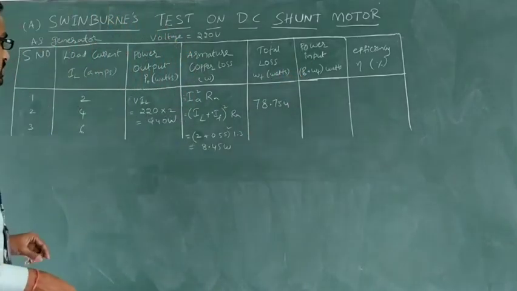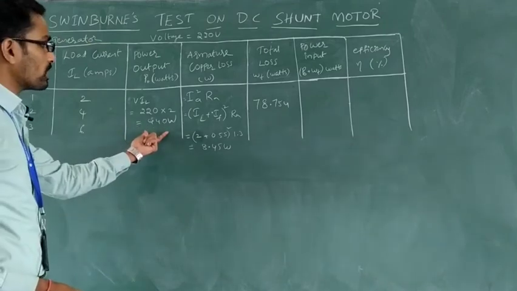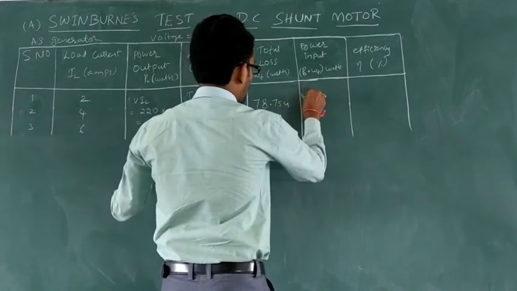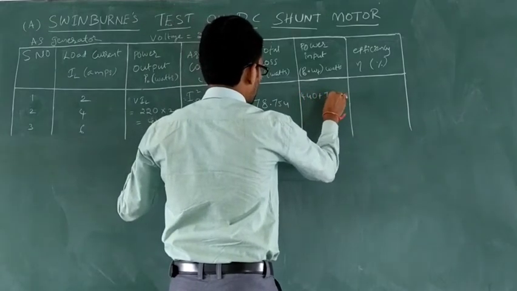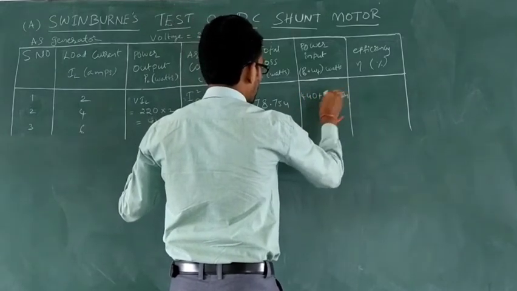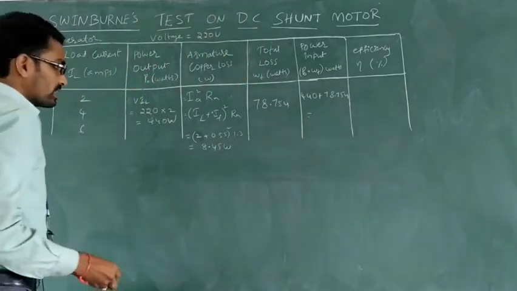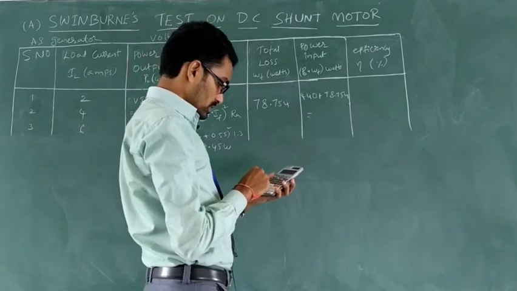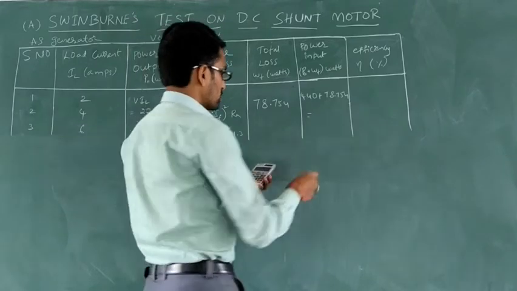Power input is nothing but power output plus total losses, that is 440 plus 78.754. If I calculate this, it gives 518.754.